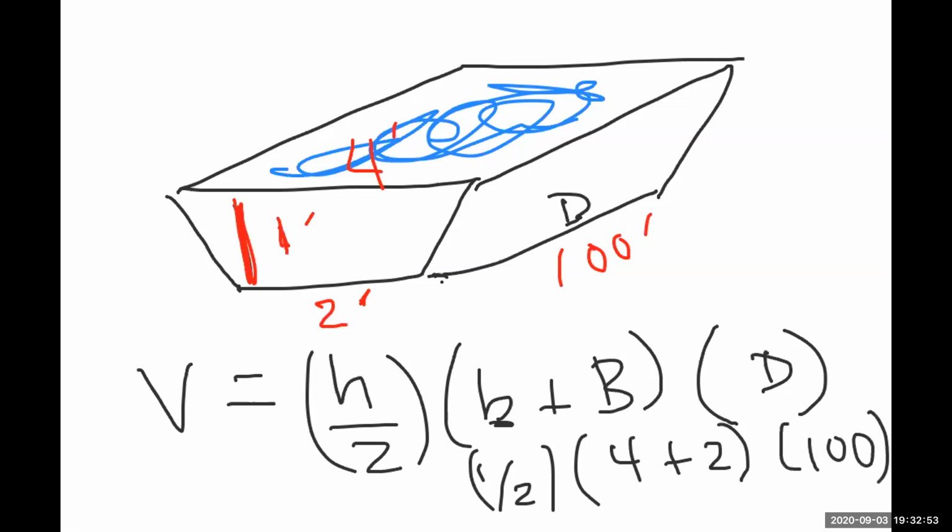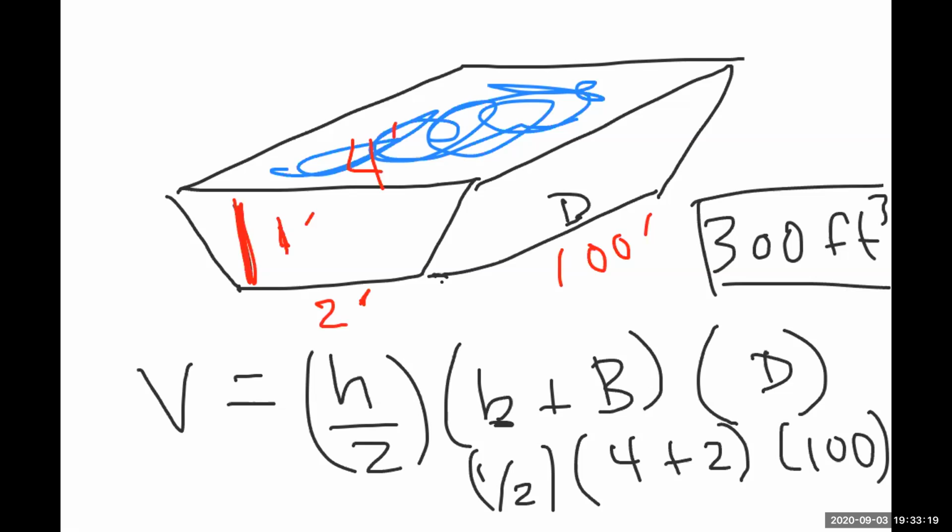So the volume of this trapezoidal ditch of water would be 1 divided by 2 times 6 times 100 is 300 cubic feet. Okay.